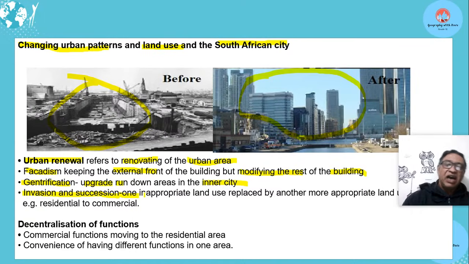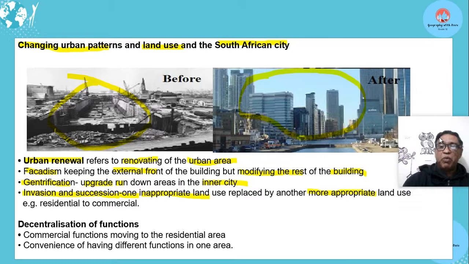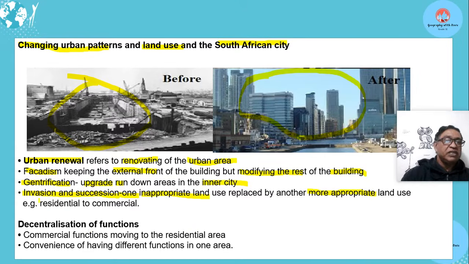All right. And another thing that is happening in the patterns is invasion and succession. That's, I hate to say it, but I have to say it, inappropriate land use replaced by more appropriate land use. Example, residential to commercial. In the center of a CBD, if you've got your house there, all right, you pay high rates and taxes. All right, it's too much.